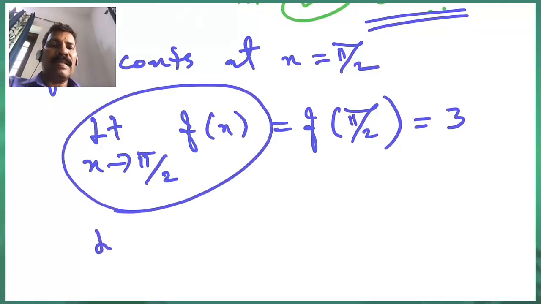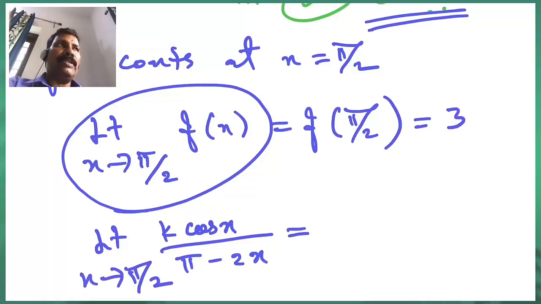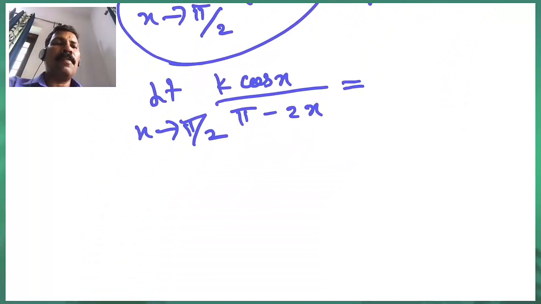So the limit of f(x) means limit of k cos x divided by pi minus 2x, as x tends to pi by 2. Then how to evaluate it? For that we shall have a substitution. So what is the substitution we can have? x is approximately equal to pi by 2, so we can put x equal to pi by 2 plus h.